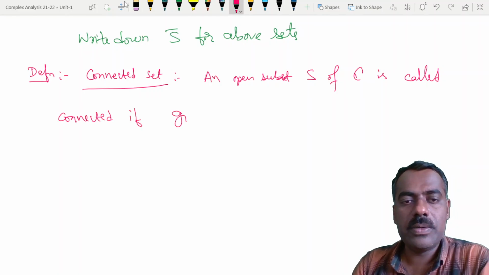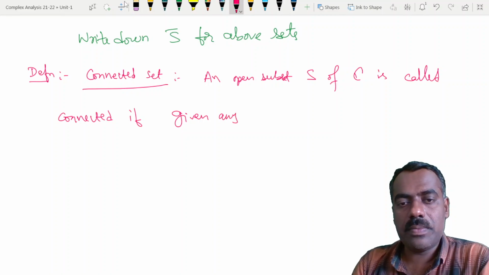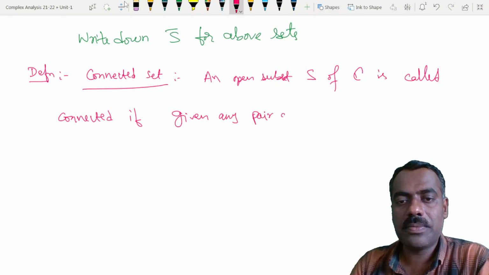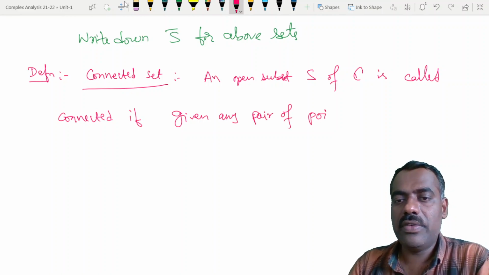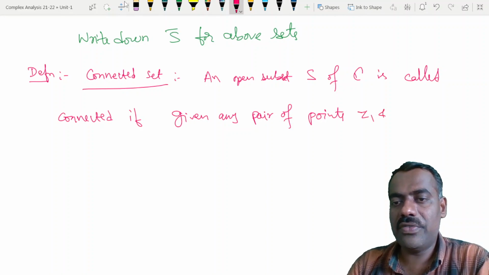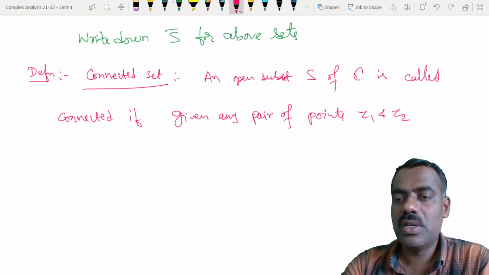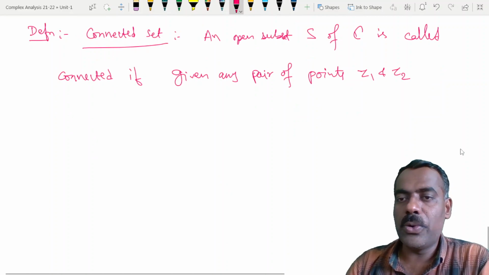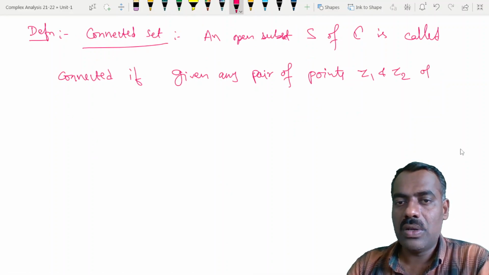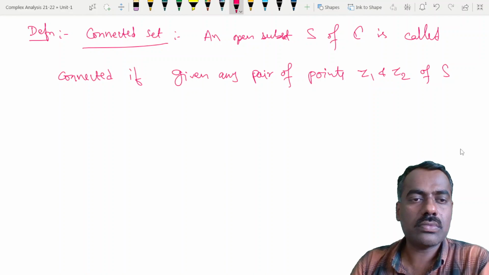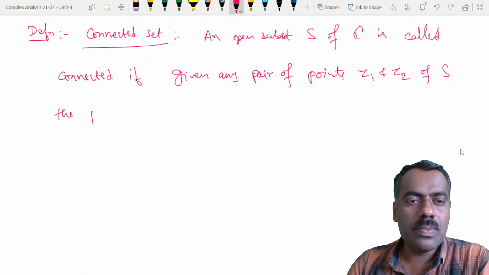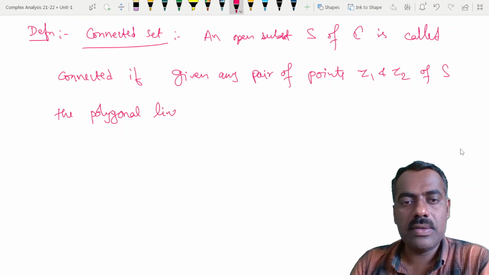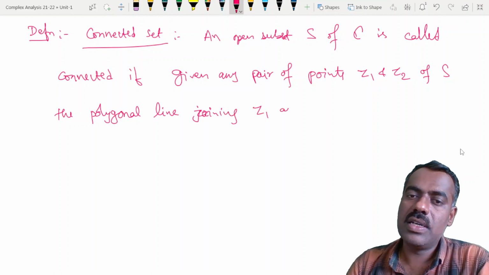if, given any pair of points z1 and z2 of S, the polygonal line joining z1 and z2.